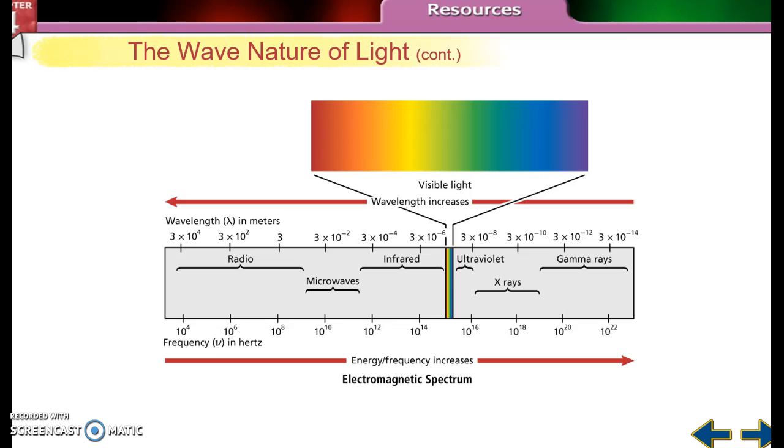It gets smaller as you go from left to right. So radio waves are much longer than gamma rays. But as you have those long radio waves, you have small frequencies. As you have short wavelengths in the gamma rays, you're going to have really high frequencies. So that is the wave nature of light.